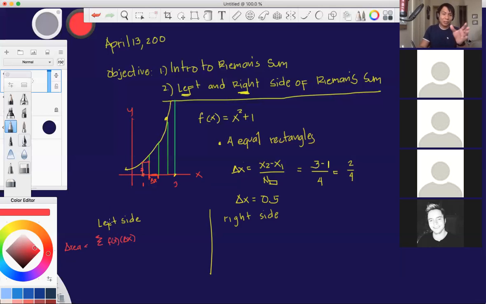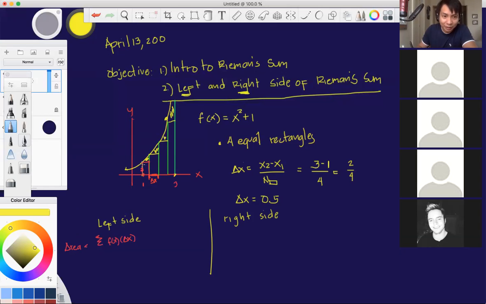What that means is it's just a summation of the area of each of these rectangles. Again, guys, this is an approximation. The reason why it's an approximation is because we're leaving behind this area right here. Again, we're just considering the left side of our rectangle.